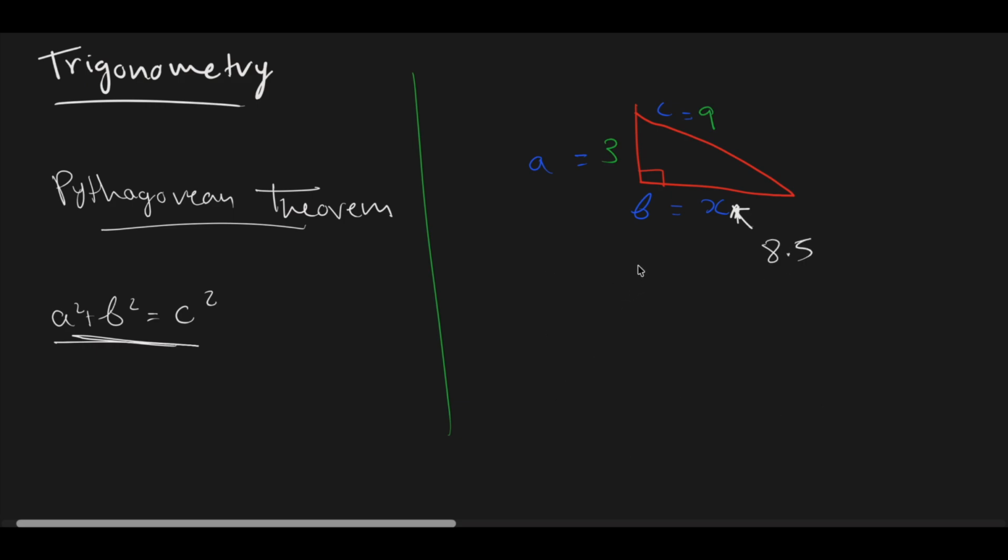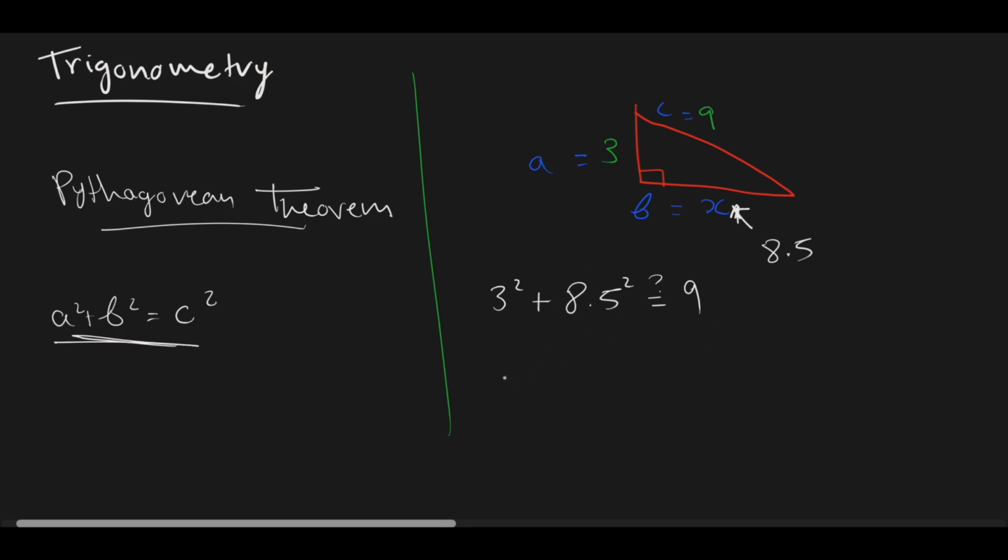Now to verify if this answer is really correct, we will use the Pythagorean theorem again. We know that A squared, so 3 squared, plus B squared, which is 8.5 squared, should be equal to 9 squared. So we will just have to verify that the left part is equal to the right part.